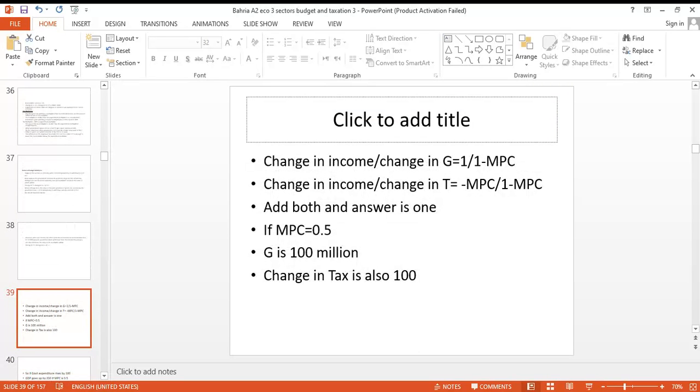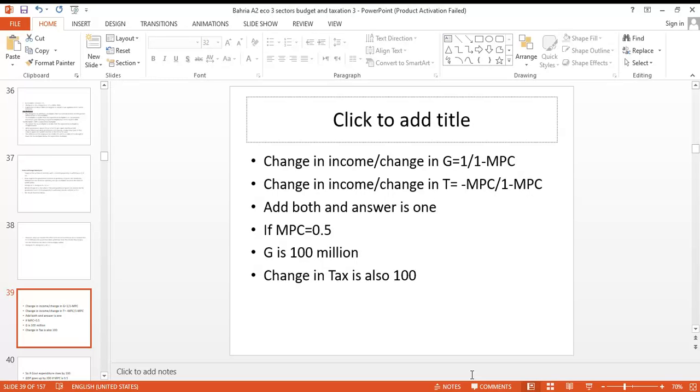Quickly, I want to discuss with you the balanced budget multiplier. As I already told you, the tax multiplier is going to be less than the government spending multiplier. But now we are going to look at the balanced budget multiplier. What is the balanced budget?